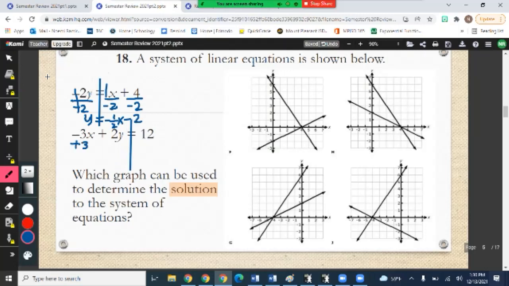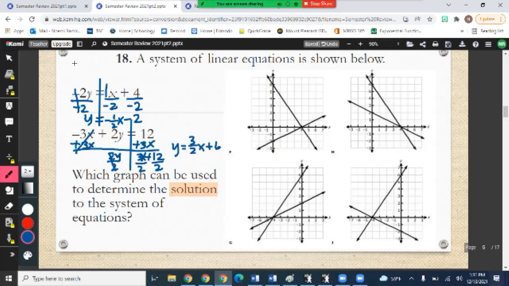Move the x, so +3x. Solve for y, 2y, 3x plus 12, then divide by 2. And so you get y equals +3/2x plus 6.